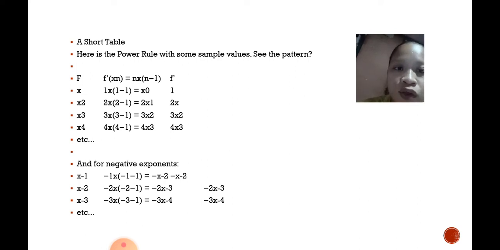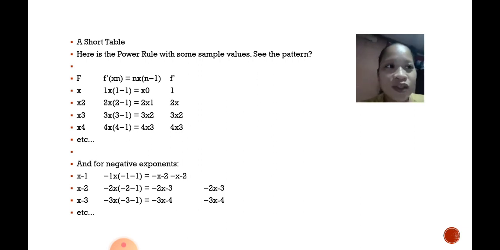Let's proceed to x to the negative 2: negative 2x to the power of negative 2 minus 1 is equal to negative 2x to the negative 3. For x to the negative 3, negative 3x to the power of negative 3 minus 1 is equal to negative 3x to the negative 4, and so on.